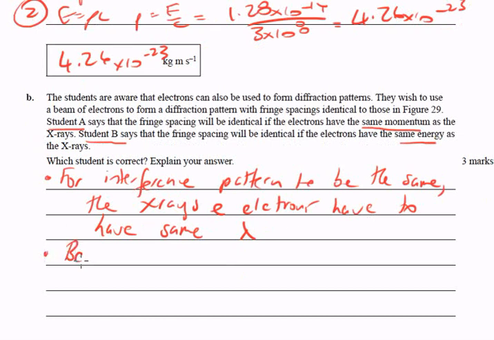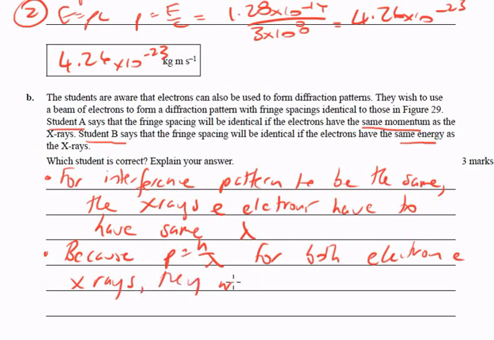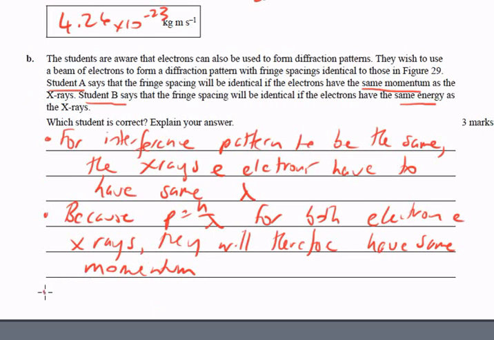Alright, because P equals H on lambda for both electron and X-ray, they will therefore have the same momentum. And in that case, same momentum, student A is correct.